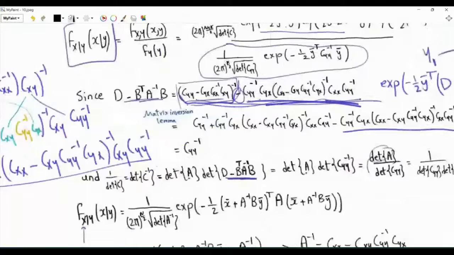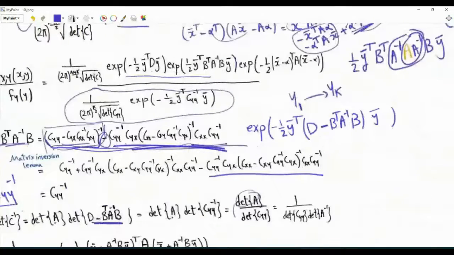Okay, that's very good. It means that this expression can really be simplified. But actually, there is even better news. If this is equal to CYY inverse, then the exponential in the denominator has exactly the same exponent, minus 1/2 y bar transpose CYY inverse y bar. So these guys will all go away.